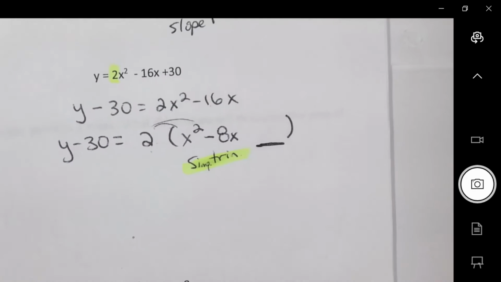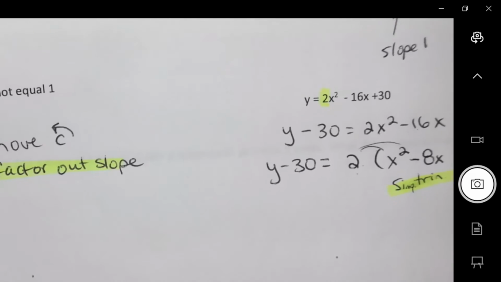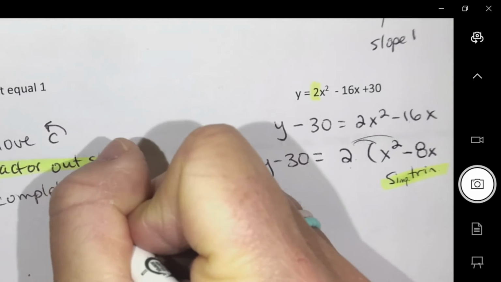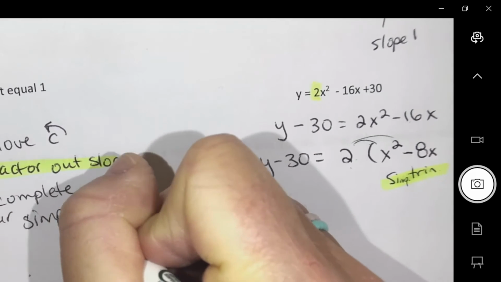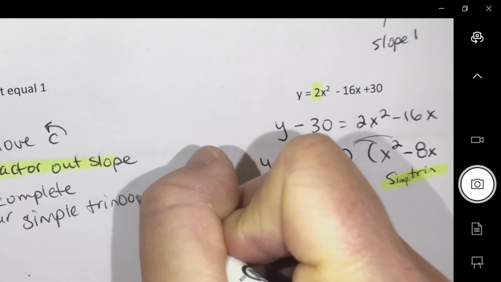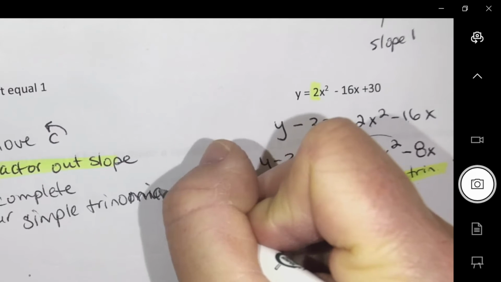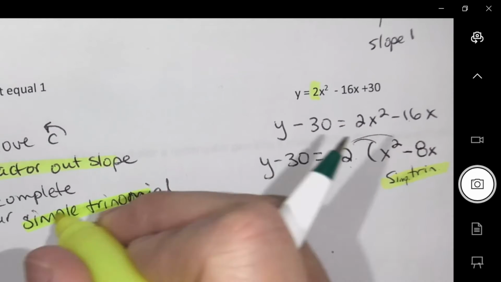Step 3 is now where you complete your simple trinomial. And this is so important to remember, that your goal is to get that simple trinomial.